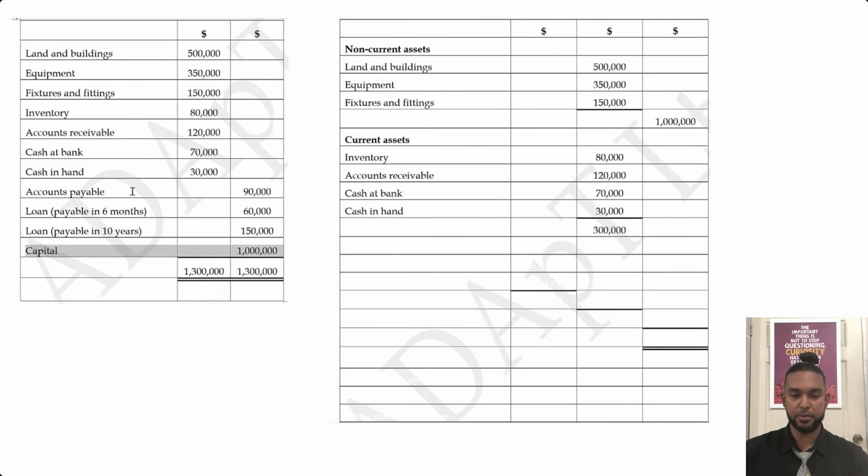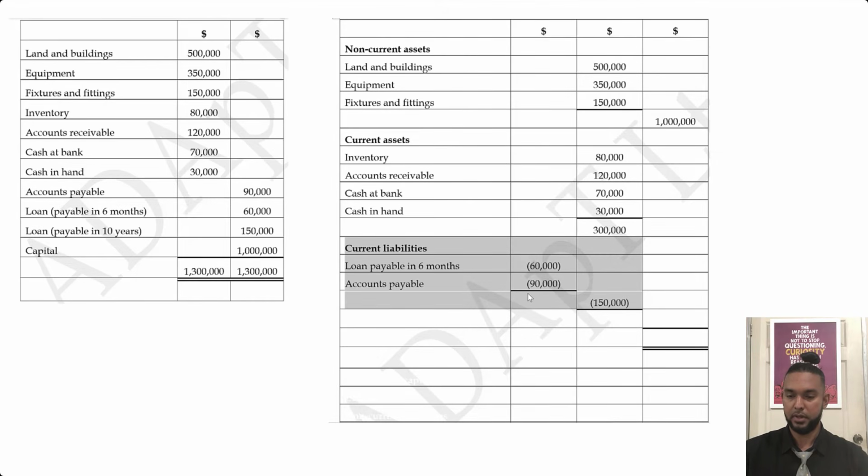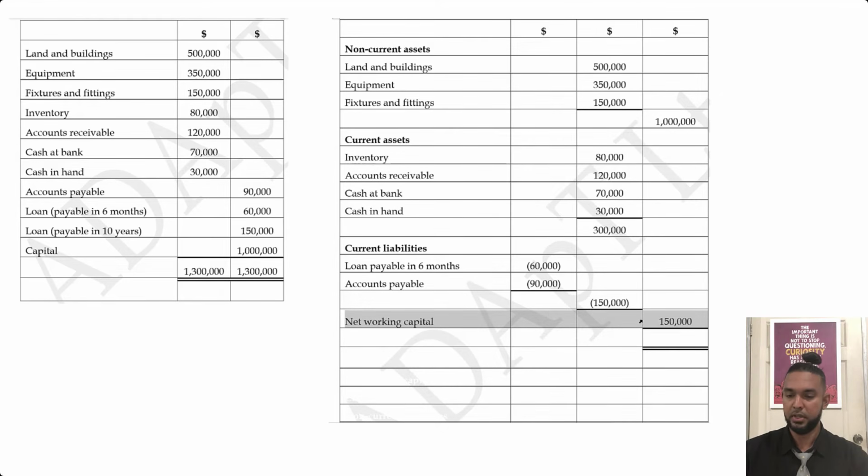And now I'm going to put my current liabilities here, right? And I'm going to take my total current assets and subtract my total current liabilities to get my net working capital. So this figure of 150 of net working capital was current assets minus current liabilities. And now I'm going to add that to the total of non-current assets to get 1.15 million.